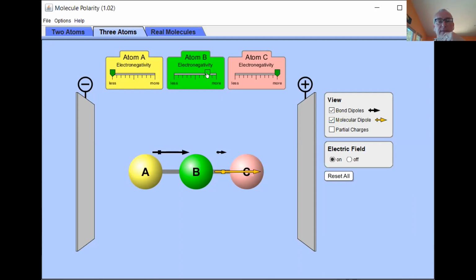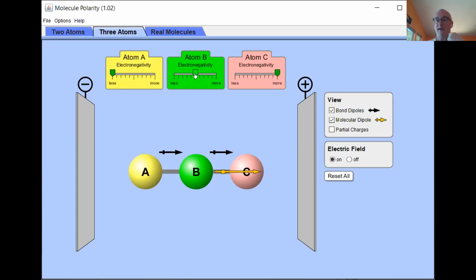For instance, the original one we had here. So I'm just basically adding AB. So the size of AB and BC are both the same size, right? But notice when I look at the size of the molecular dipole, it's basically twice as big because I've added them together. Because if you add two vectors pointing in the same direction, you basically get a vector twice the size pointing in that same direction.